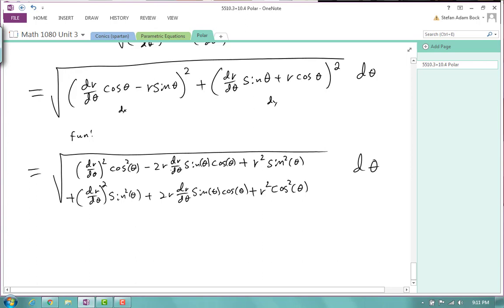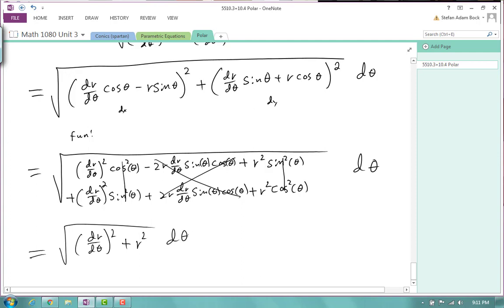But these cancel: the minus 2r dr sine of theta and the plus 2r dr sine of theta. But also, sine squared plus cosine squared is equal to 1. So if I factor out the r squared, I'll have sine squared plus cosine squared, so that's 1. And the same over here, leaving me with the much nicer square root of dr d theta squared plus r squared, d theta.